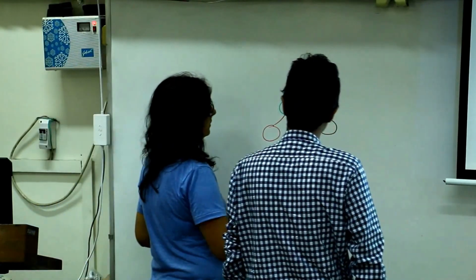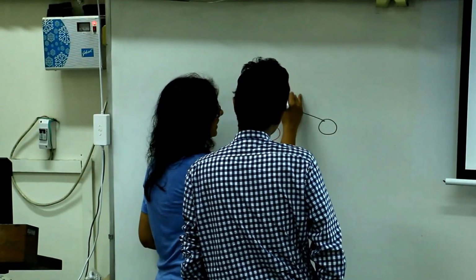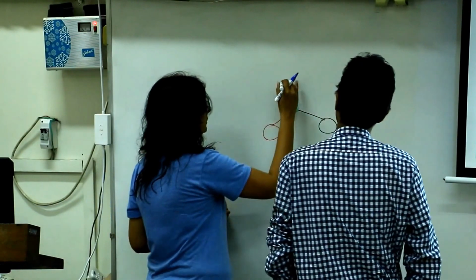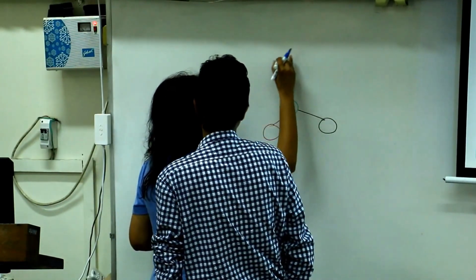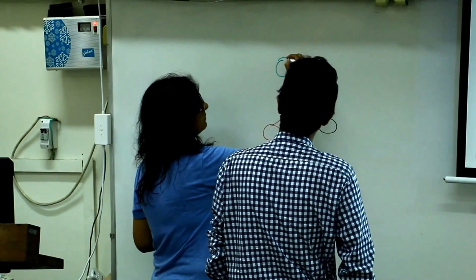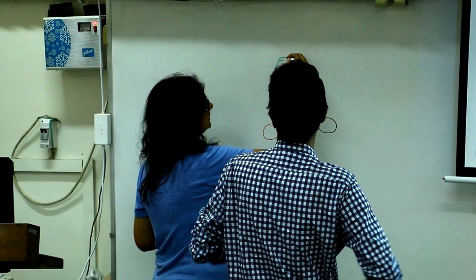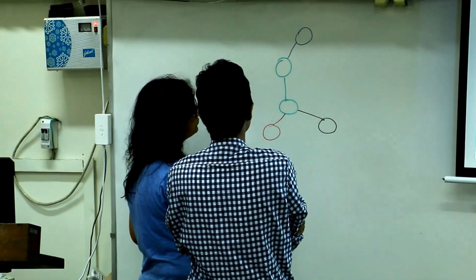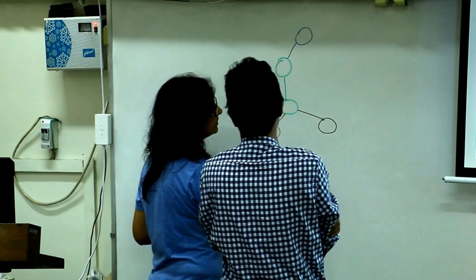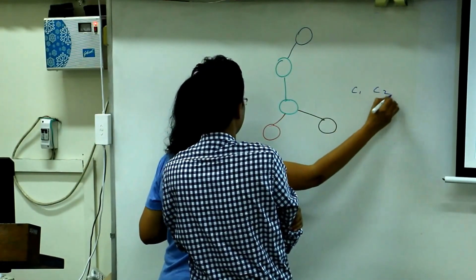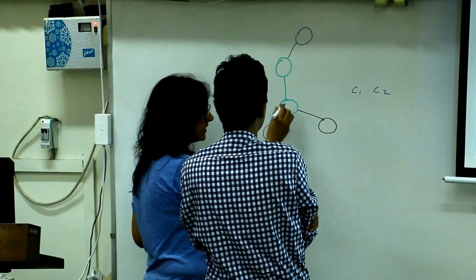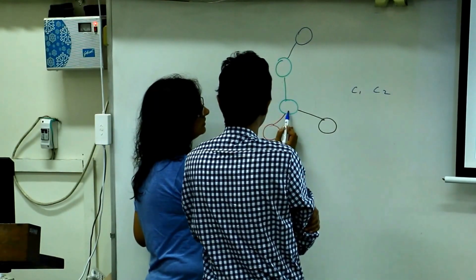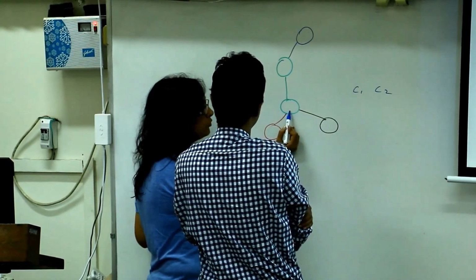Suppose this node has another neighbor which is also a blank node as of now, not colored yet, and this one happens to have some neighbor, say blue. Now I have 2 colors remaining, say C1 and C2, and I'm standing at this node asking whether I can give it blue or not.